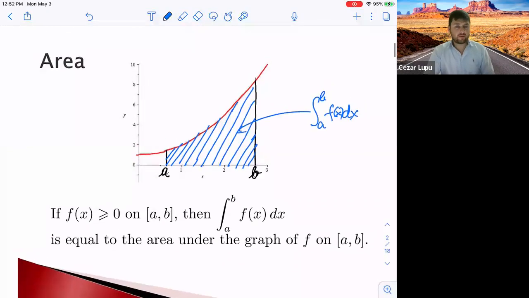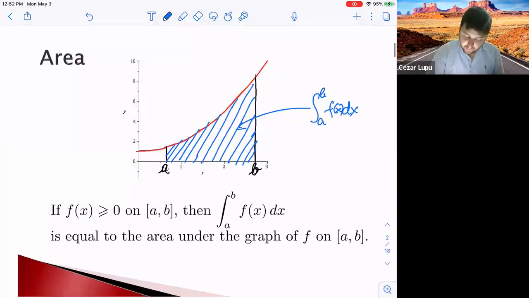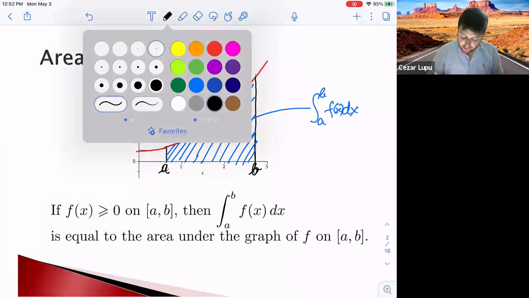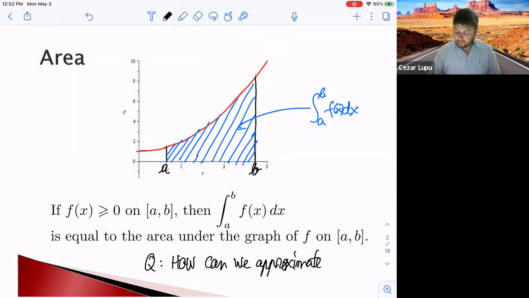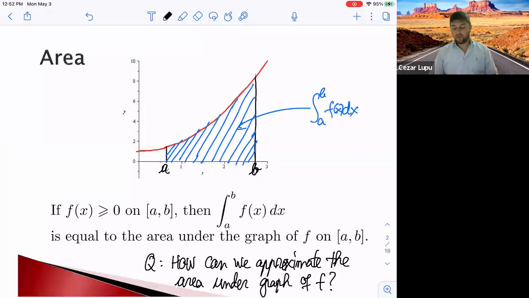That is the question we're interested in. Very important question: how can we approximate the area under the graph of f? In other words, how can we approximate this integral?